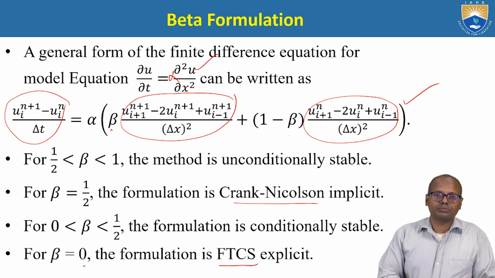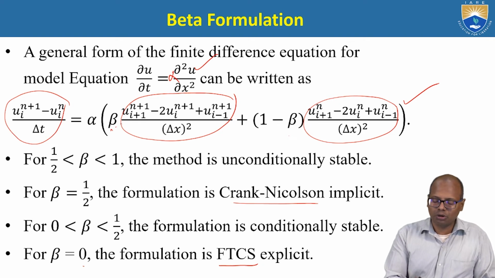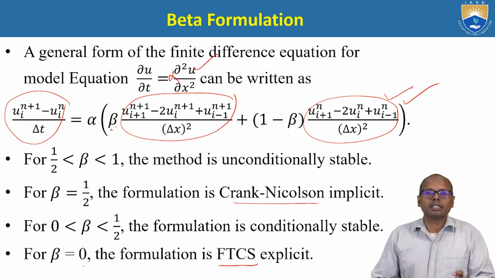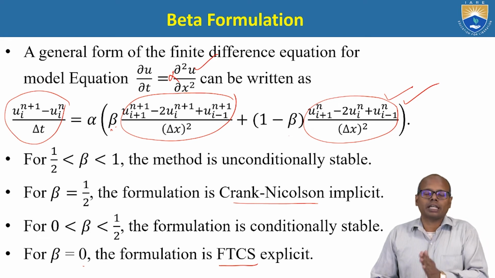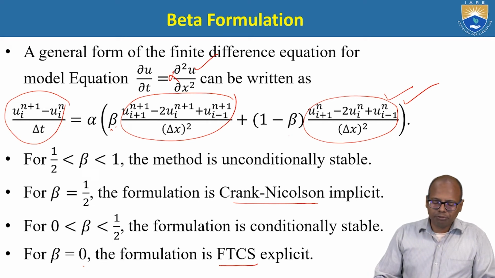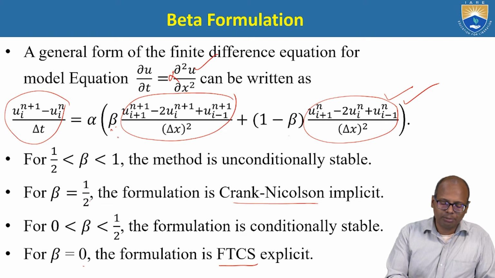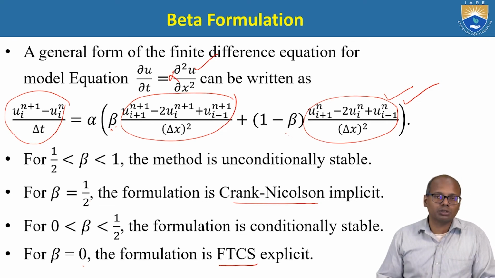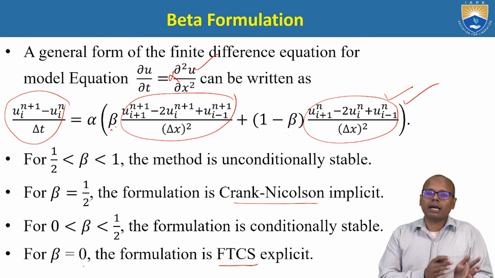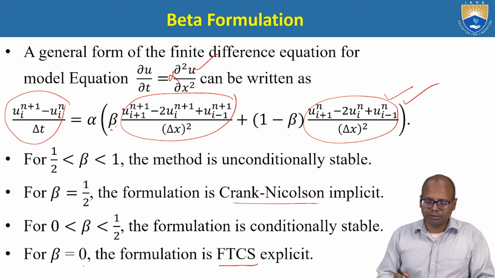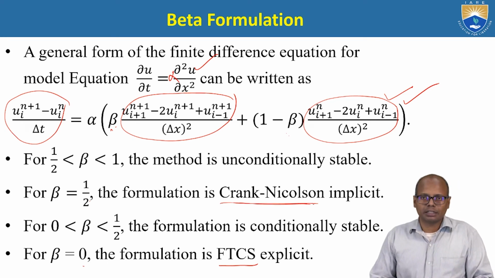If beta is equal to 0, what will happen? I will get only this element, and it is the forward in time and central in space approach. If beta is equal to half, I will get half here and half here. What is that? It is the average of the FTCS and BTCS, and that is nothing but the Crank-Nicolson scheme.